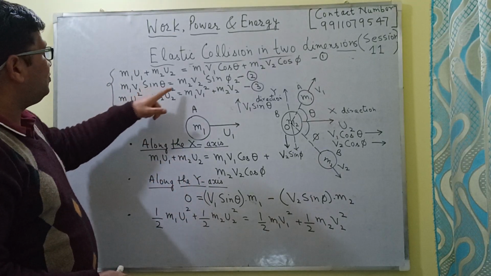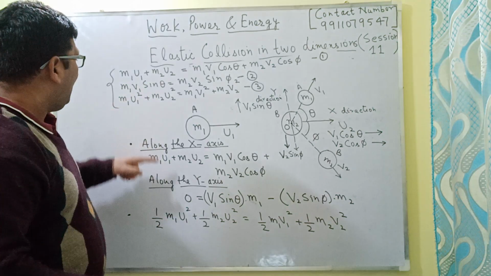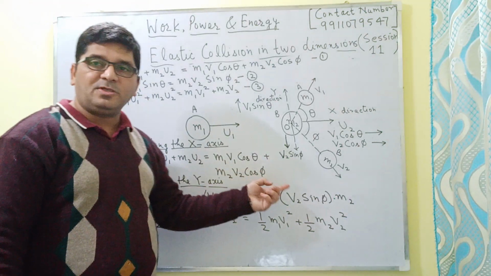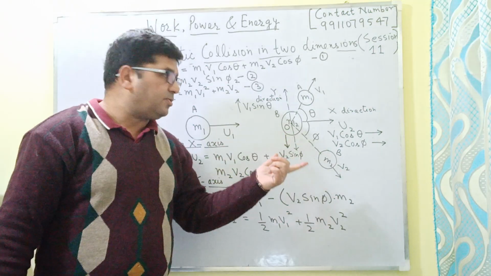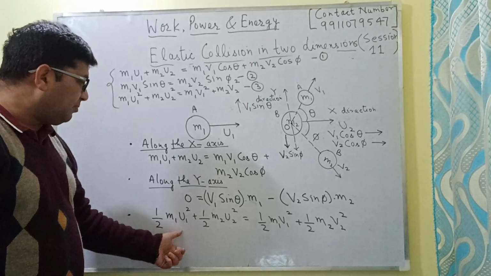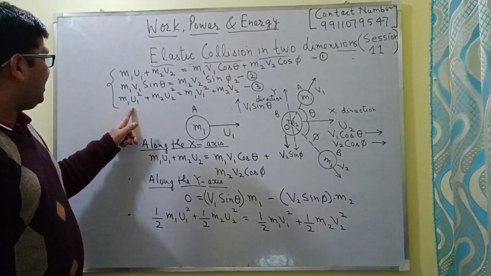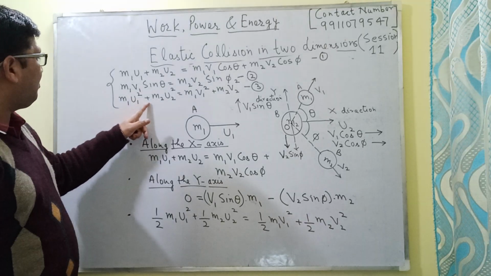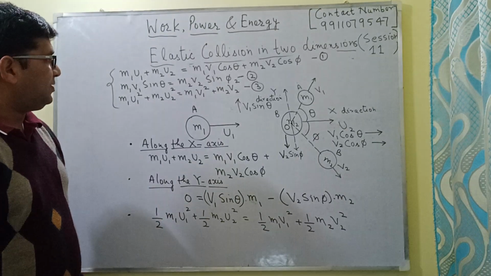So we have got these two equations using this concept, and the second concept was that the total kinetic energy before the collision is equal to the total kinetic energy after the collision. Based on this concept, this equation can be rewritten as m1 u1 square plus m2 u2 square, which is equal to m1 v1 square plus m2 v2 square.